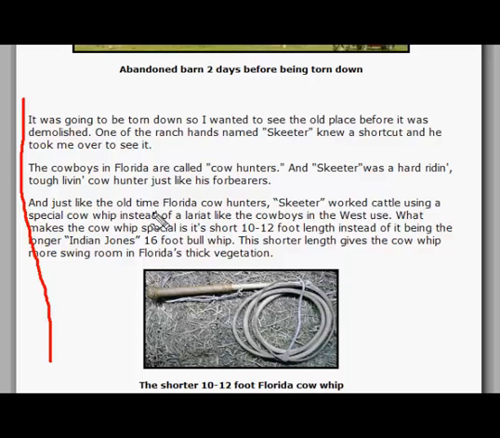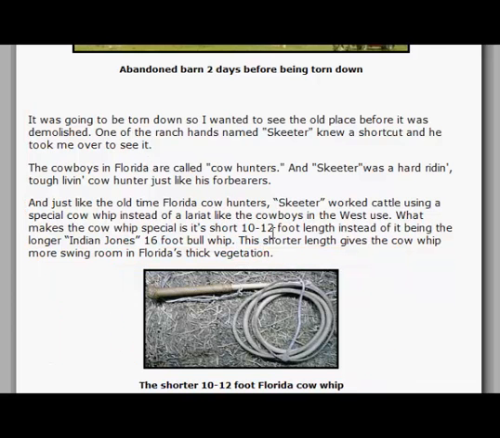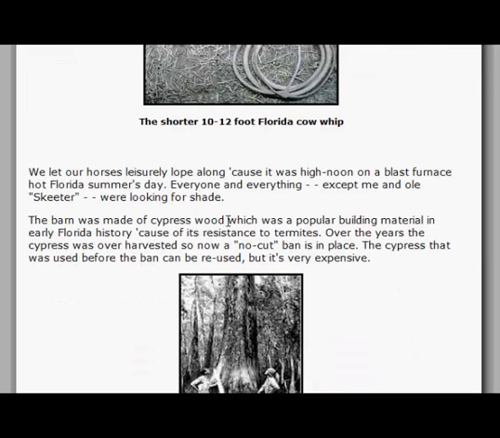In talking about the whip, and also giving a picture of the whip, I don't think this really adds to the intrigue of the story. And talking about the ranch, and the kind of wood that the barn was made from, I don't think this really adds to the intrigue of the story.